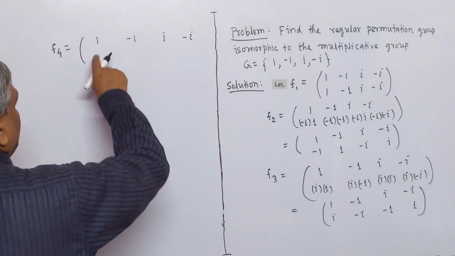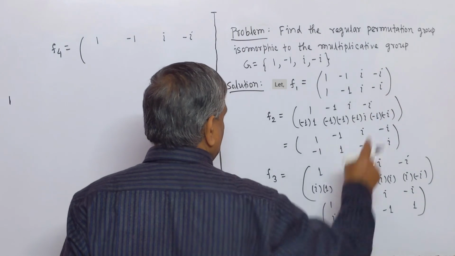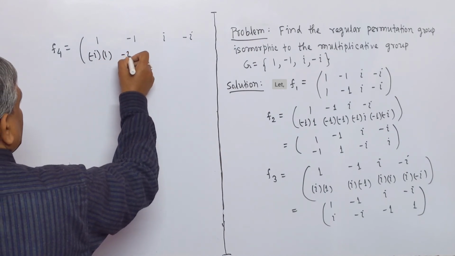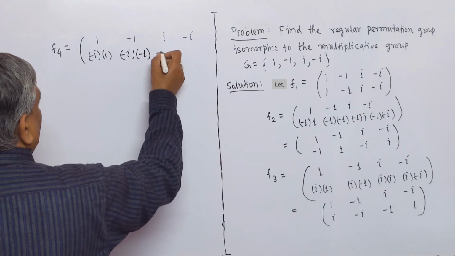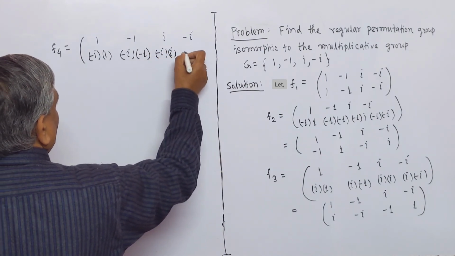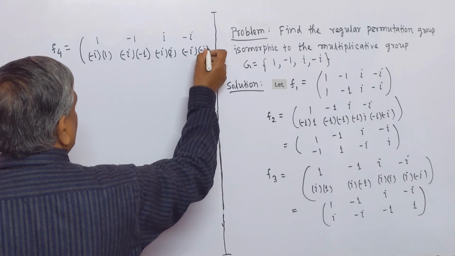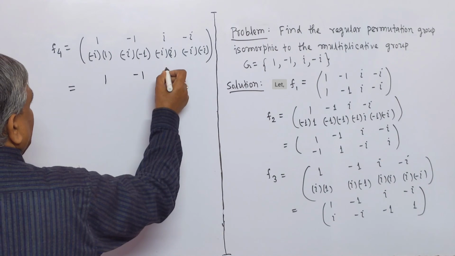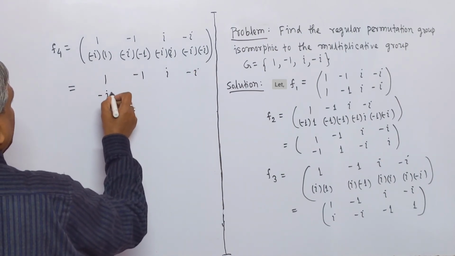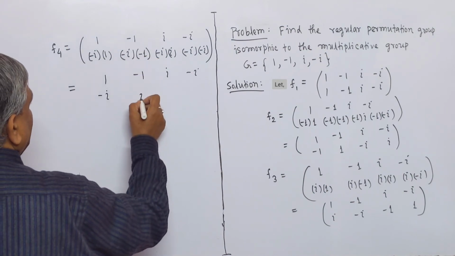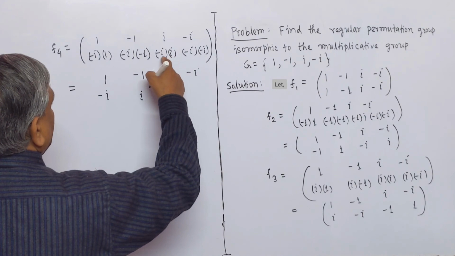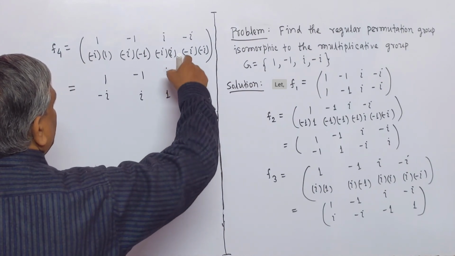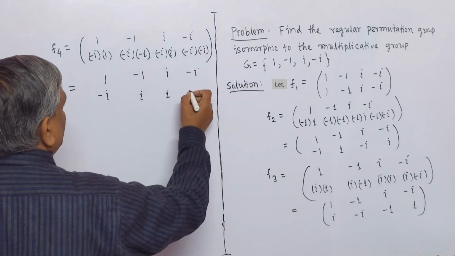Now we multiply each image by -i: 1 multiplied by -i, -1 multiplied by -i, i multiplied by -i, -i multiplied by -i. This equals -i here, plus i here, here minus minus plus i square, which is 1, and here minus i square equal to minus 1.